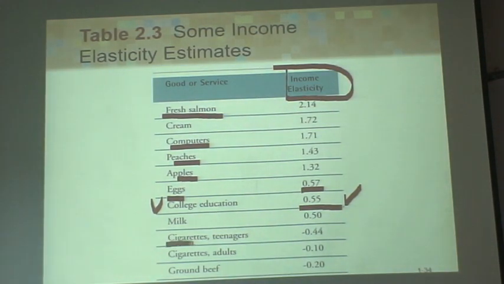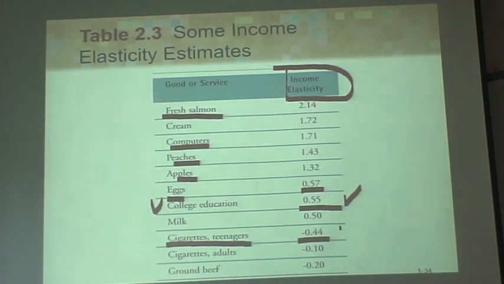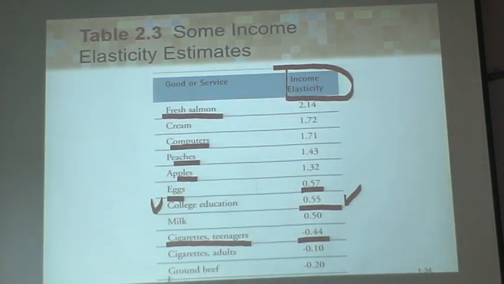So cigarette is negative, so that's an inferior good. That's good for health, right? So as your income goes up, you consume less cigarette. So why ground beef? I'm not sure. What's ground beef? Have you eaten a hamburger?